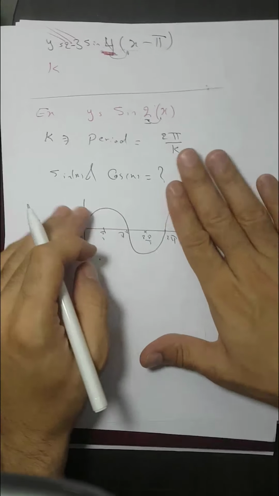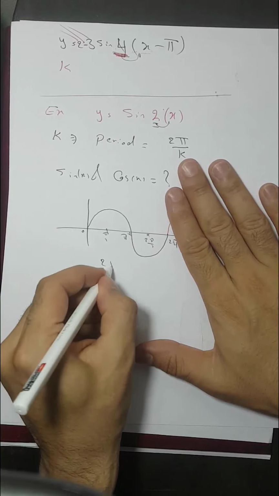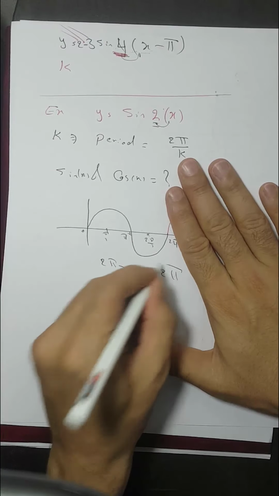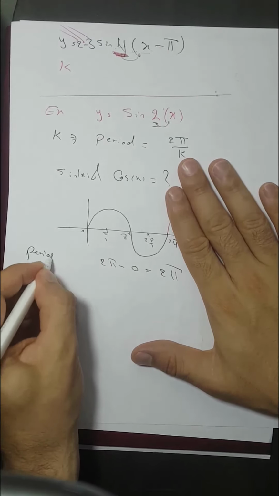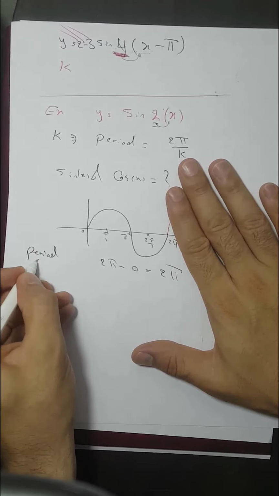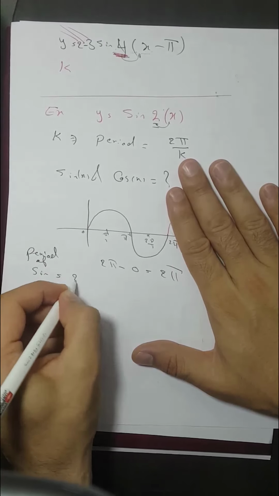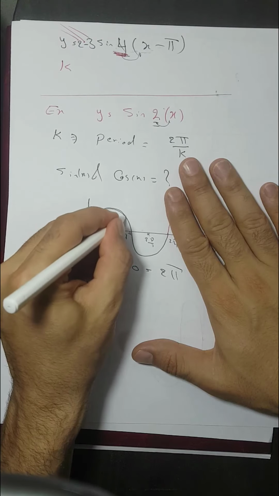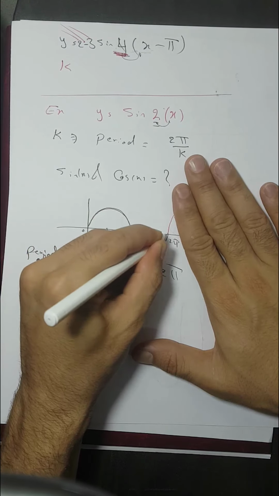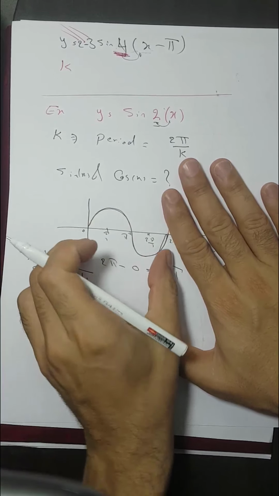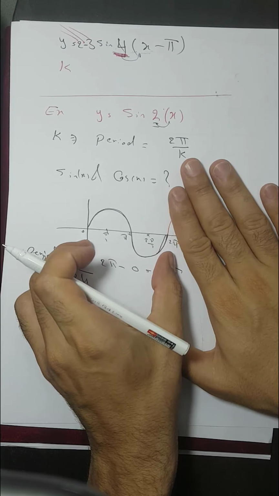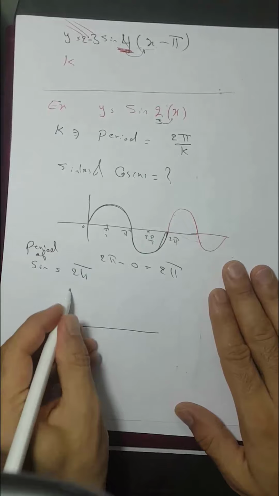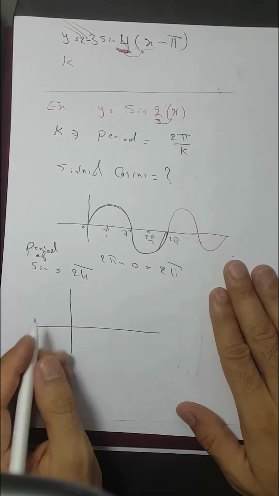So the period of sine is 0 to 2 pi, from here to there. So 2 pi minus 0 is equal to 2 pi. So the period of sine is equal to 2 pi. Why? Because the graph of sine can be sketched by just this length, which is 2 pi. How about cosine? Let me show you the cosine.